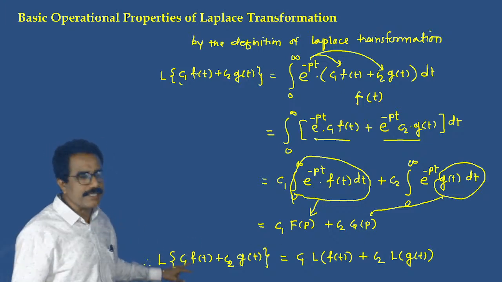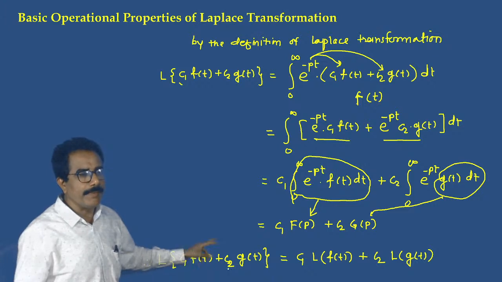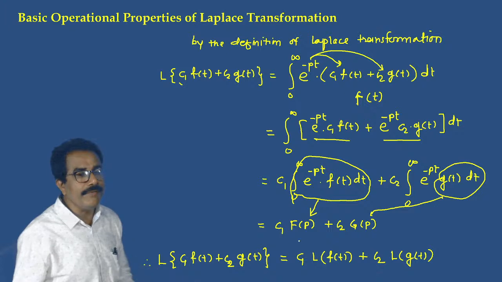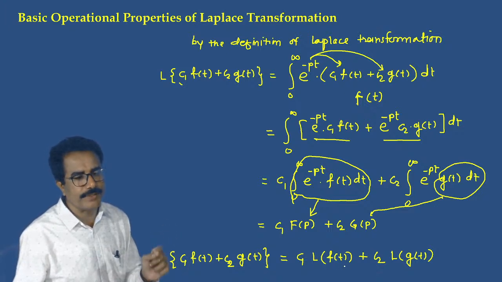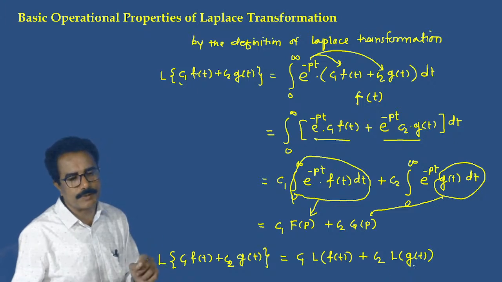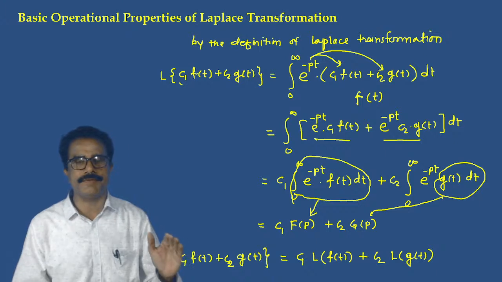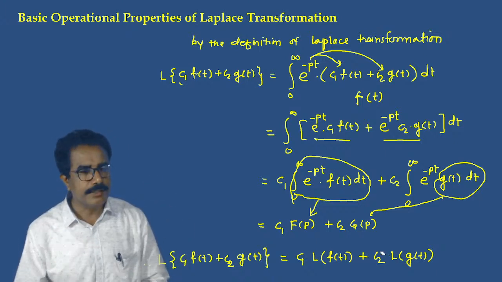Hence the Laplace transformation of c1 into f of t plus c2 into g of t will be c1 Laplace transformation of f of t plus c2 Laplace transformation of g of t. So this is the linearity property which the Laplace transformation satisfies. And hence we prove the theorem.